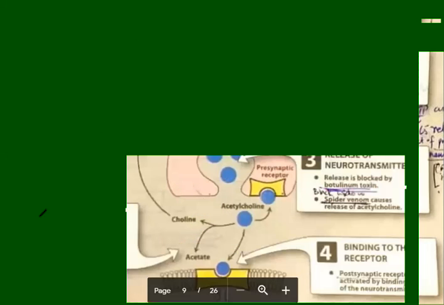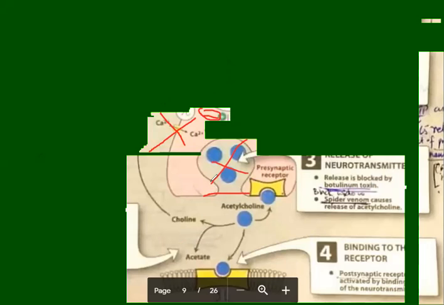There can be a problem in the firing of calcium, so no stimulus, no movement of the synaptic vesicle towards the membrane, no process. So it can be a problem anywhere.